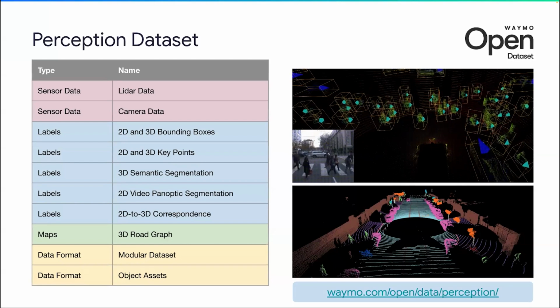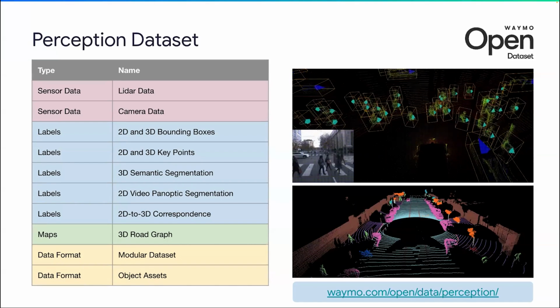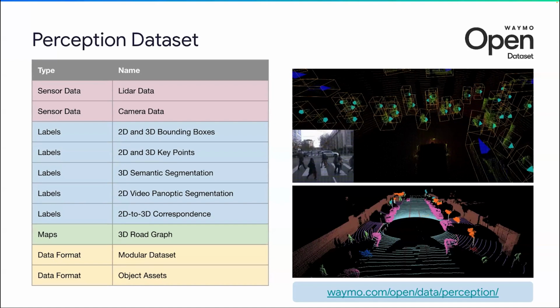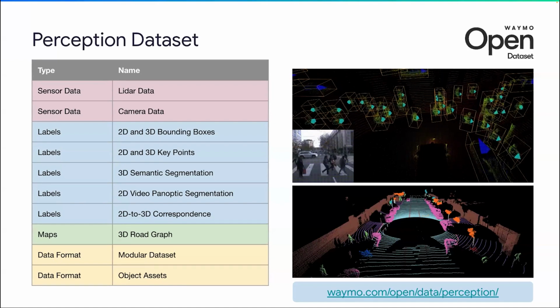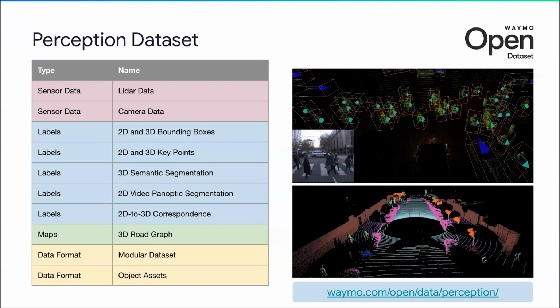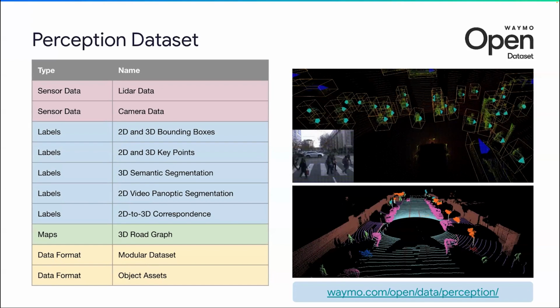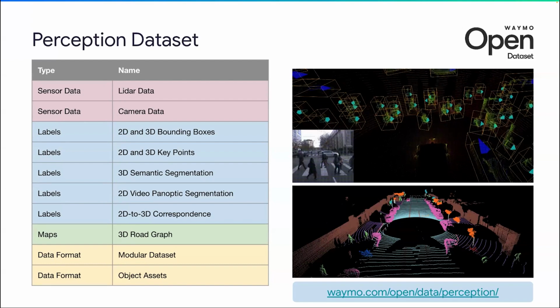And I wanted to point out that last year we also released 2 new formats. One is the modular data set. Since this is a pretty big data set, it's sometimes a bit annoying to work with. So we released this new modular framework where you can pull whatever feature you want without having to download the whole data set.